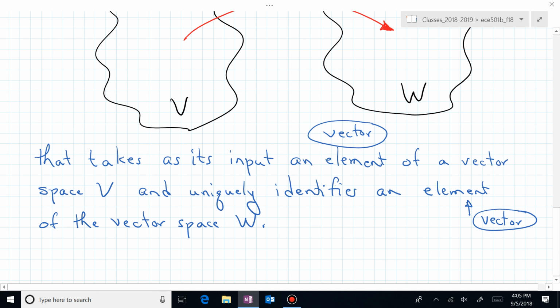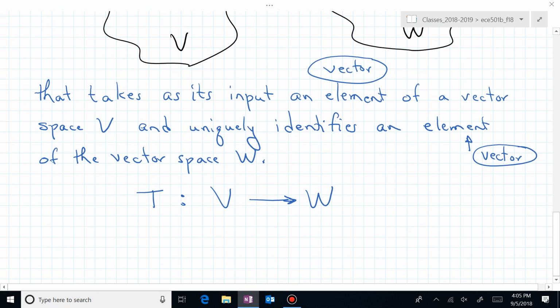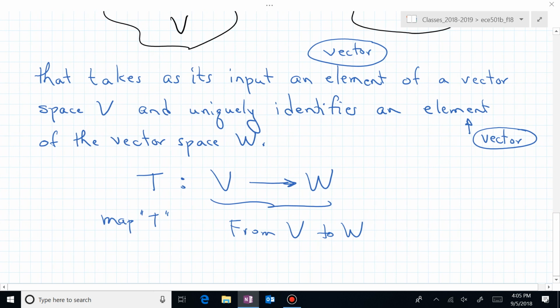And instead of always writing this wordy description of a linear map, we have a shorthand. Many times we will simply write T such that V maps to W, where T is our map, and this is trying to represent that we're going from a vector space V to another vector space W. So we have this map T, and this map T can be more than just a matrix.